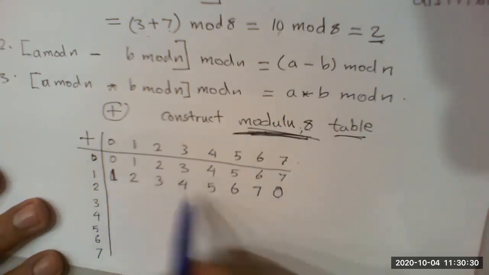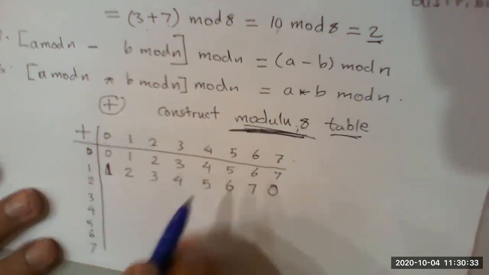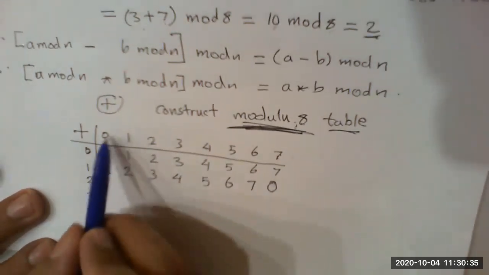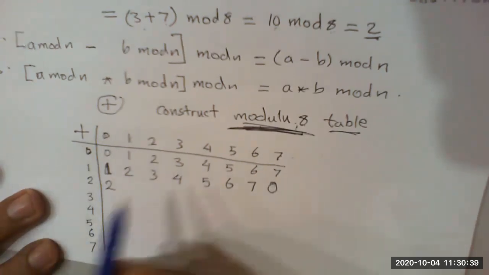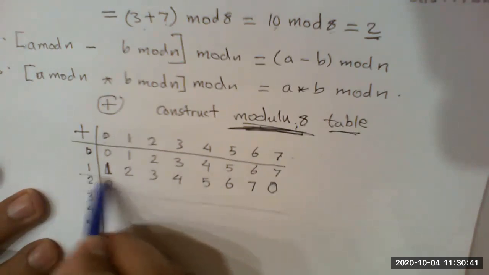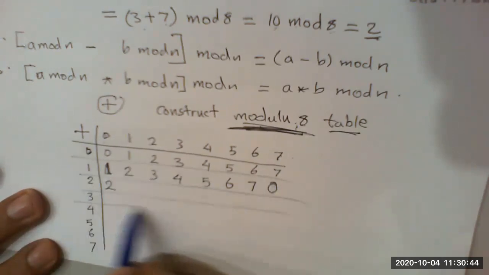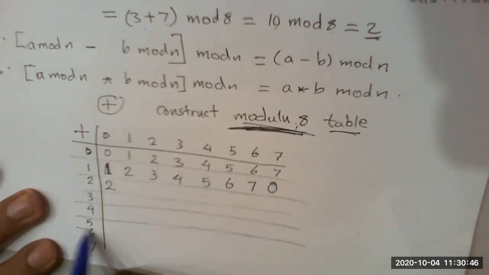Okay, let's move on. If you don't understand these 2 rows, you can understand the third one. Just add 0 to 2. This is going to have 2. Okay, let me have lines here, not to be confused.